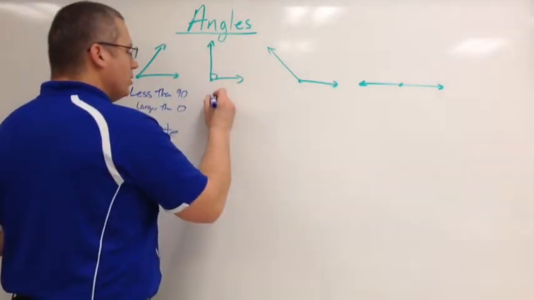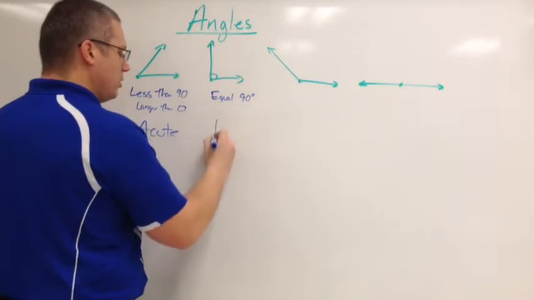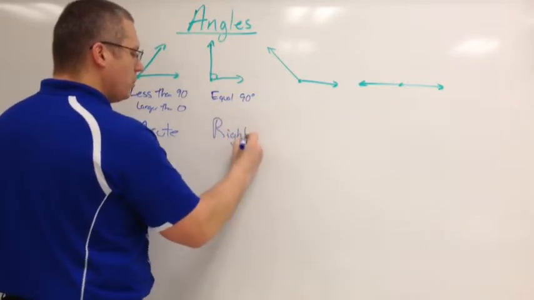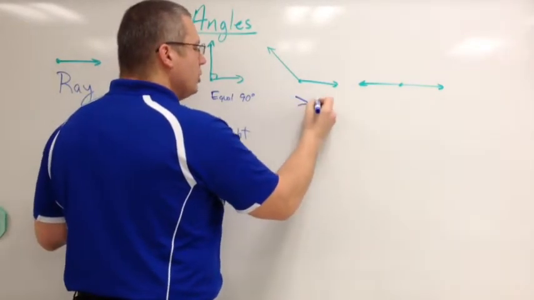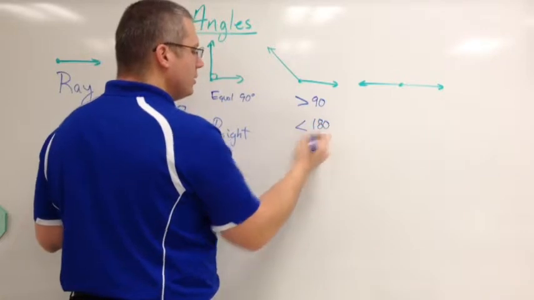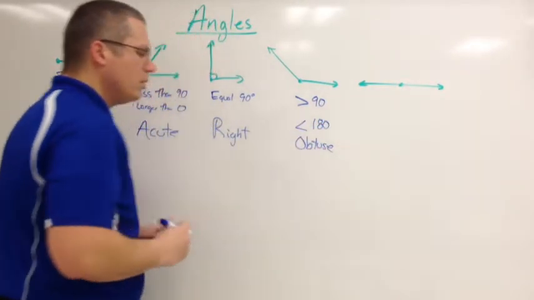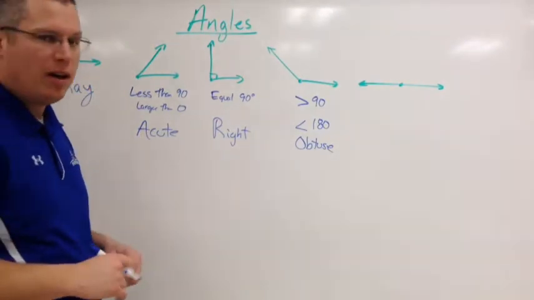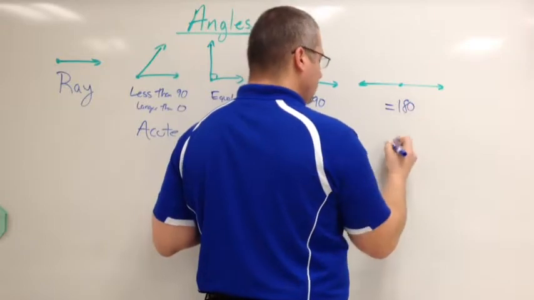Next, a right angle is equal to 90. That we're probably mostly familiar with. This is a right angle. Next, obtuse, larger than 90, but less than 180. This is obtuse. The last angle we'll talk about is a straight angle, equal to 180.